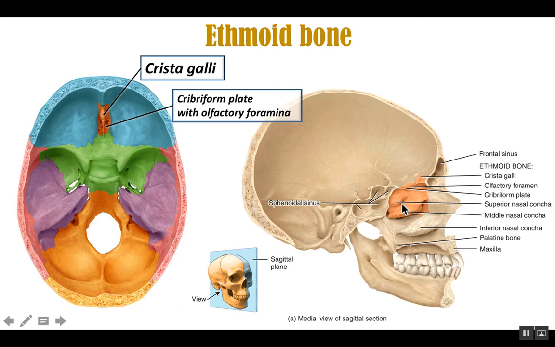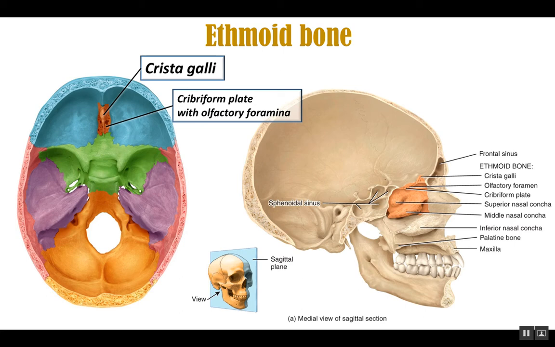Lastly, the ethmoid bone has what's known as nasal concha. Nasal concha project into the nasal cavity. These are also often called turbinates, and what these structures do is they increase the surface area in the nasal cavity.